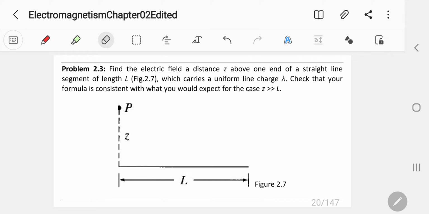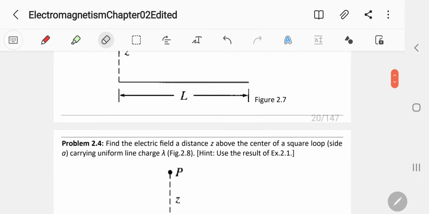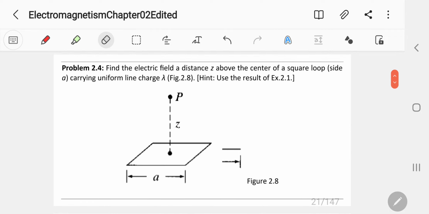Of course, there isn't any symmetry in this case, but check whether you can solve it or not. You also have this.